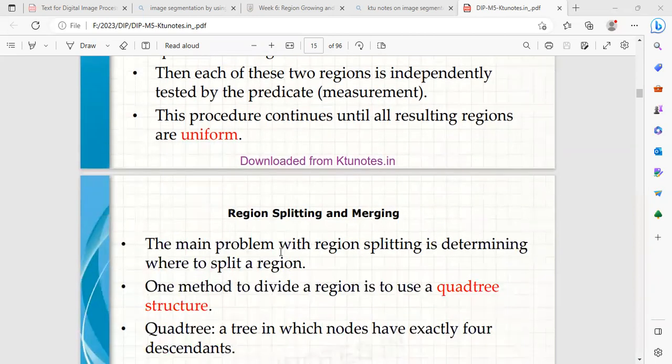So the main problem with region splitting is determining where to split a region. So one method to divide a region is to use a quad tree structure. What is a quad tree? A tree in which nodes have exactly 4 descendants, or a region will be divided into exactly 4 regions.